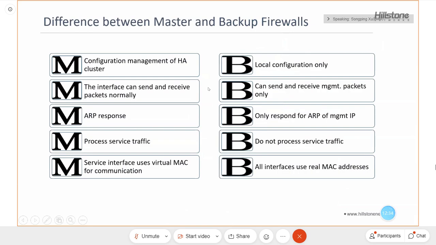These slides give you some idea of the difference between the master and backup devices in HA. First of all, the master device does the whole configuration management, and all the management configuration will be configured on the master device.